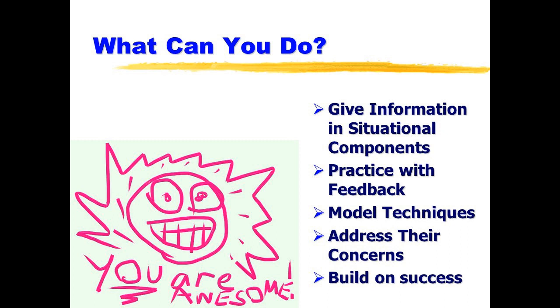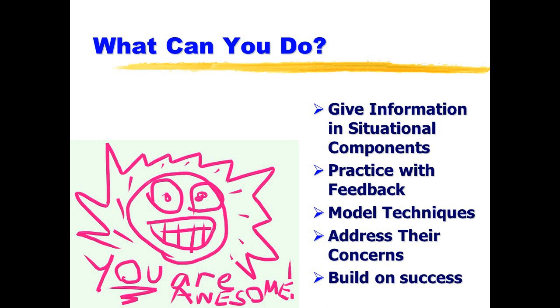Other things to do: make sure you're giving information within a situation itself, that you're not just giving it in random order or giving data based upon random situations. Make sure you're giving feedback based upon practice. Make sure you're modeling techniques. Make sure you're addressing concerns, again, within the situation.